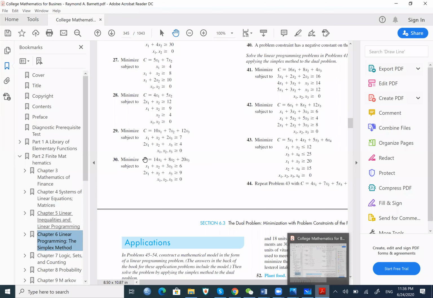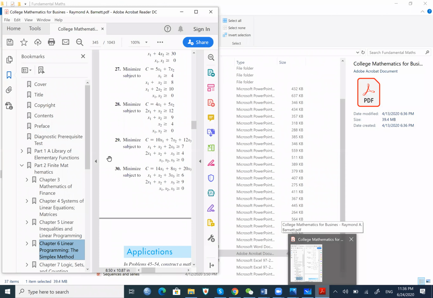Question number 30, that one. I'm sure you did this and maybe there is some calculation mistake. That is why you are asking me. If you can show me your calculation, I can figure out your mistake. Or I can go through from this.